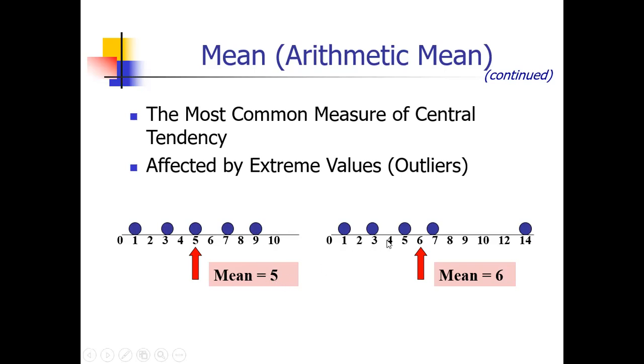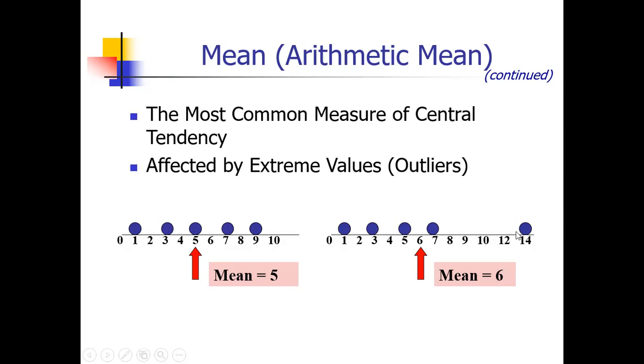But think about another data set where the values are 1, 3, 5, 7, and instead of 9 we have 14, which is certainly larger. The mean of this data set will be 6, because of this 14. Now think if it is even larger, like 20 or 30, then the mean will be greater and greater.